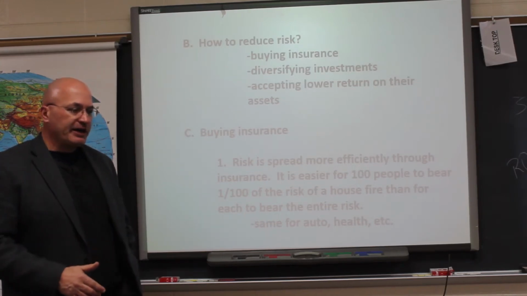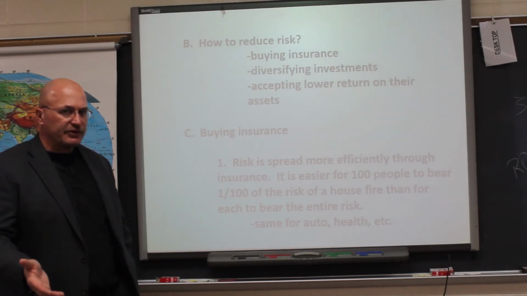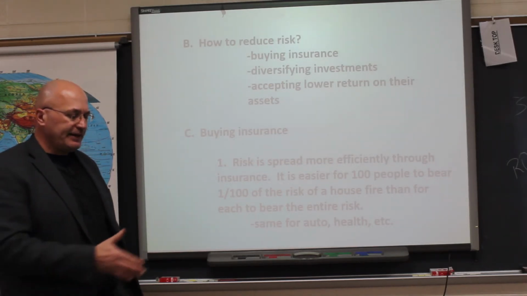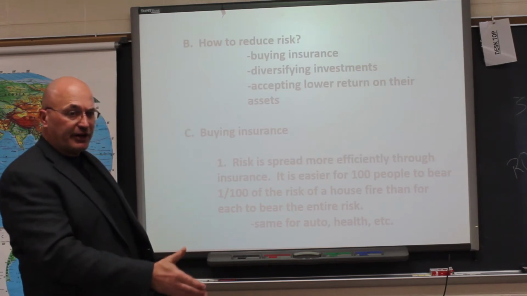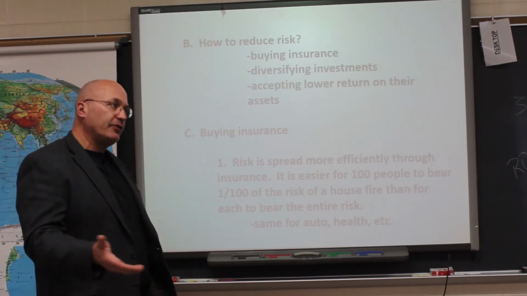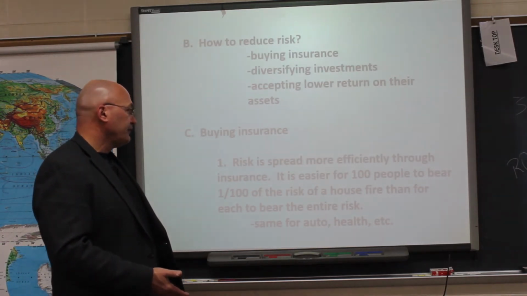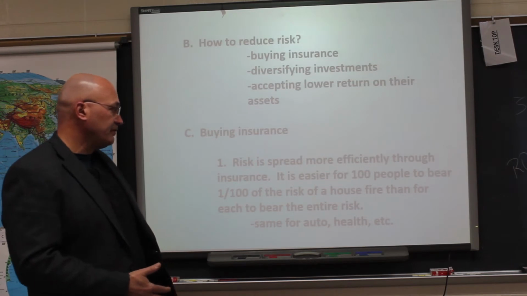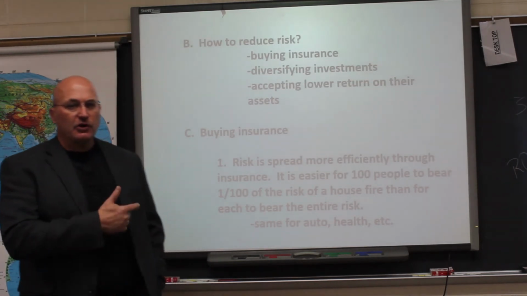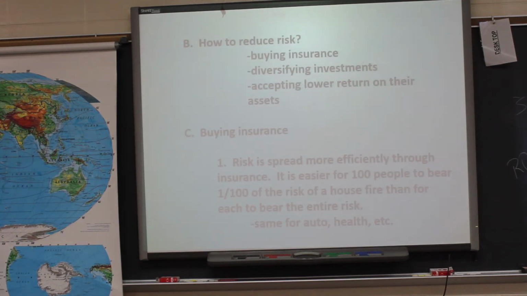And then if I wreck my car, I don't have to pay the $20,000 or $30,000 to replace the car. It's a lot easier to pay that $300-400 every year than it is to come up with the 20 to 40 thousand that I'd have to have to buy the new car. So it's more efficient, and we spread the risk over a wider group of people. That's how insurance works.